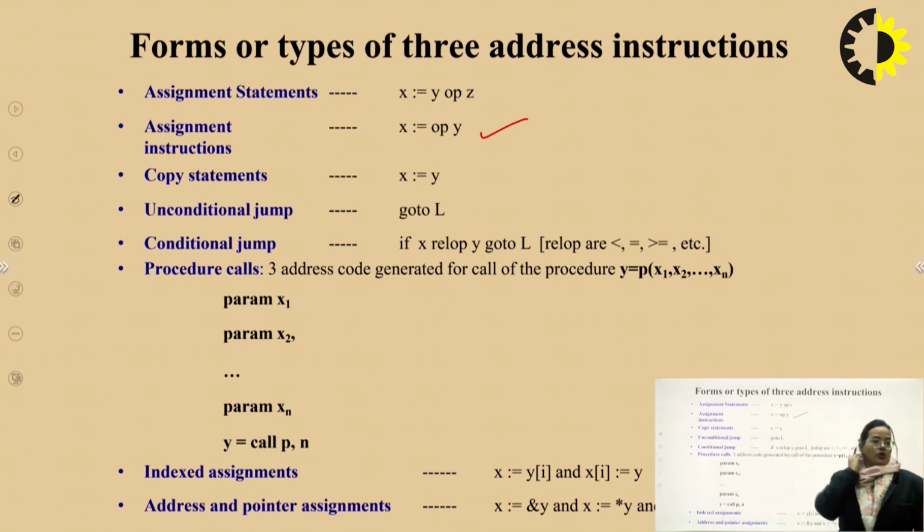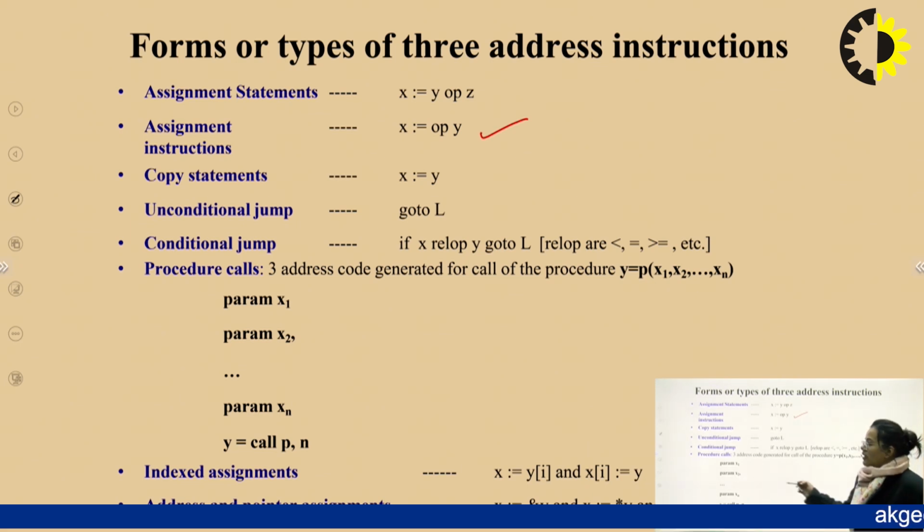Unconditional jump: go to L, where L is the label name. And conditional jump: if x relational operator y, go to L. Relational operator may be less than, greater than, equals to, and so on. And procedure call, three address code generated for a call of the procedure, y = p.